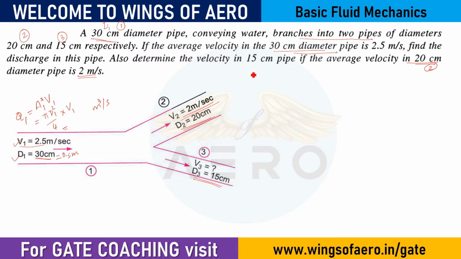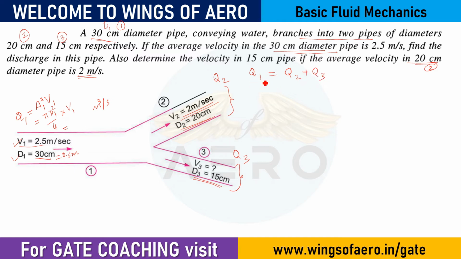We know that the amount of discharge entering equals the amount of discharge exiting. Now what is the exit here? We have two exits, one is Q2, one is Q3. So Q1 is equal to Q2 plus Q3.